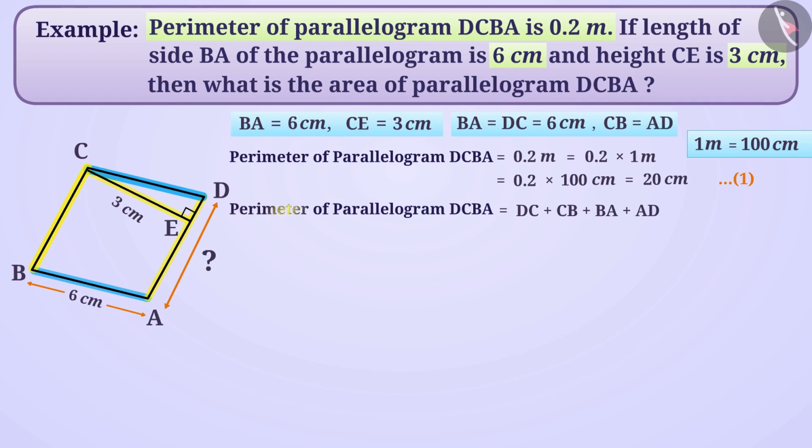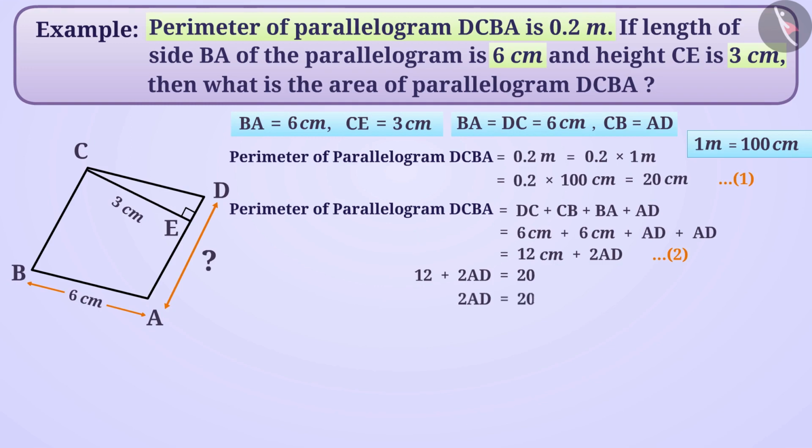Therefore, perimeter of DCBA is equal to 6 cm plus 6 cm plus AD plus AD is equal to 12 cm plus 2 AD. From equation 1 and 2, 12 plus 2 AD is equal to 20. Solving this, we get twice AD is equal to 20 minus 12 means twice AD is equal to 8.